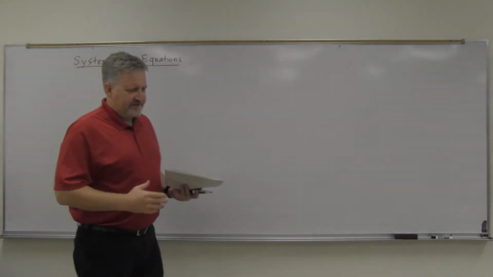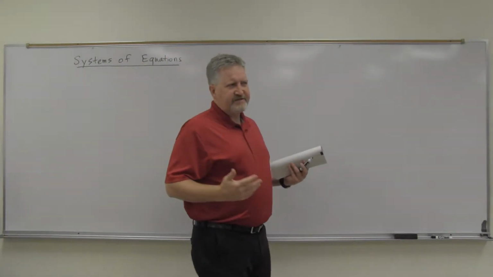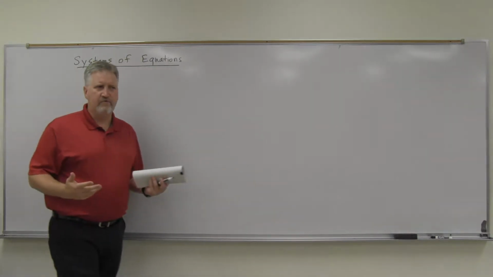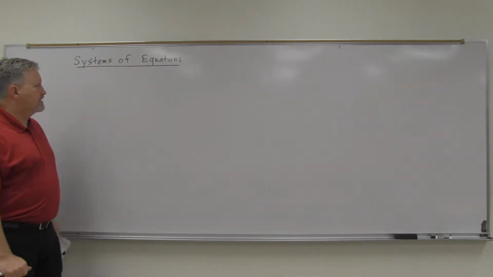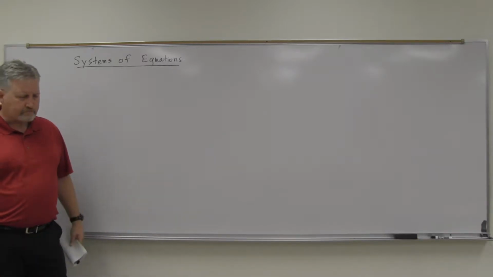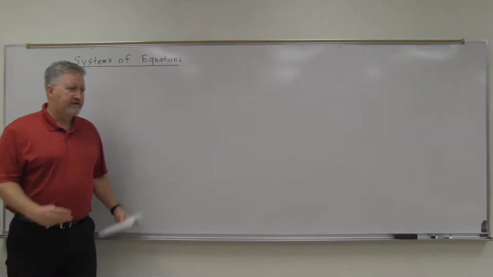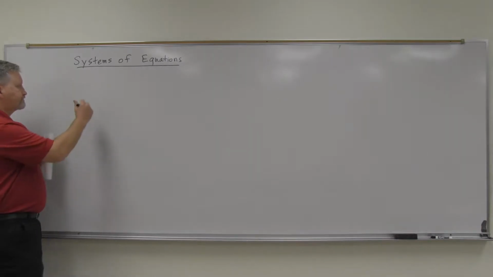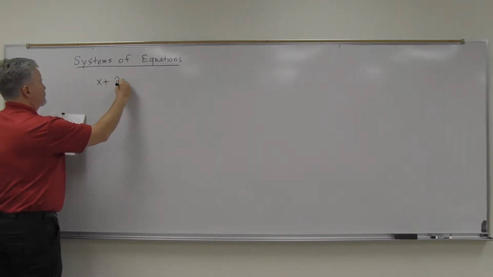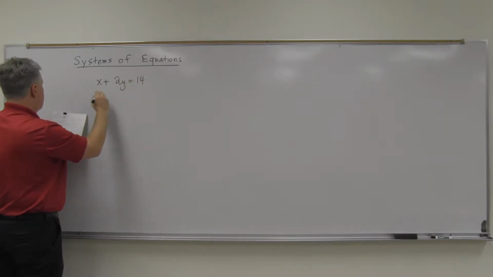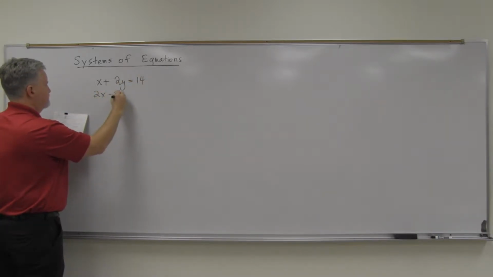A system of equations is a set of two or more equations that are related somehow or another, and we'll look at several different types, but let me just put up a couple of systems right here to start us off.